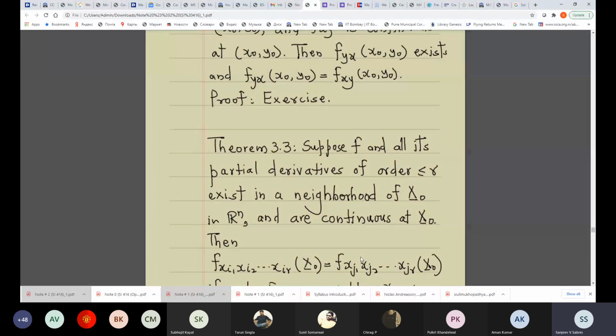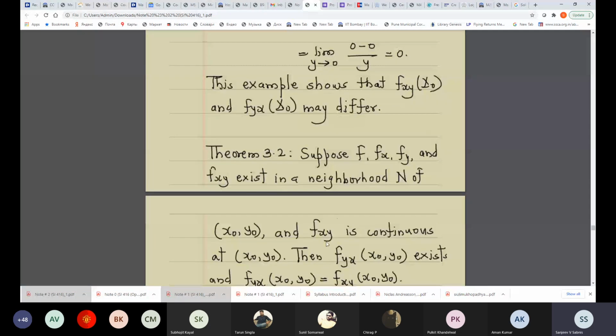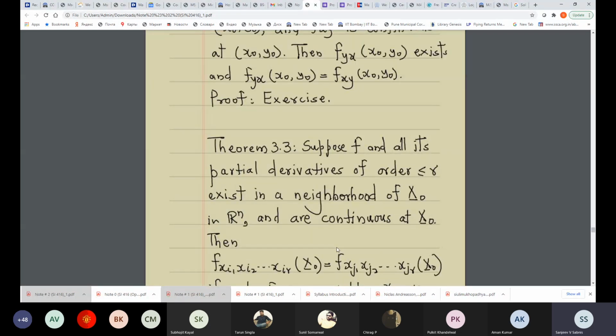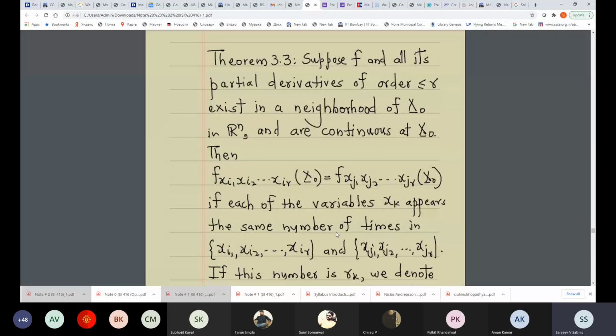Now the next theorem, again, is just a generalization of what we saw in this theorem. So suppose f and all its partial derivatives of order less than or equal to r exist in the neighborhood of x0 in Rn and are continuous at x0. So these partial derivatives are continuous at x0.